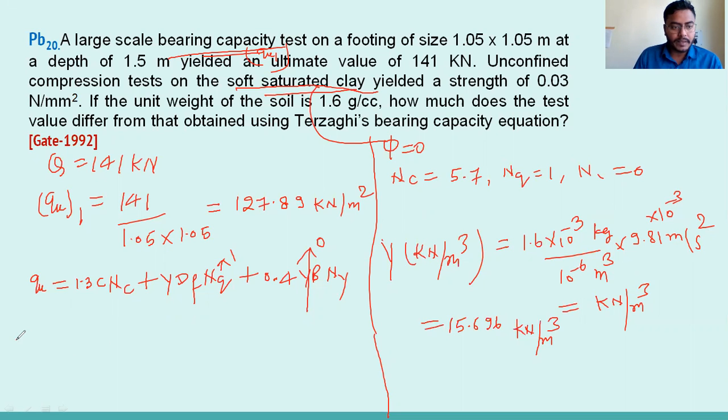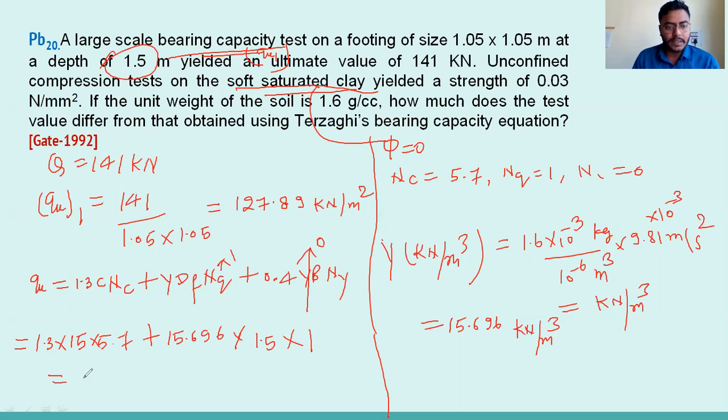So now we have C and this value. So 1.3 into 15 into NC, which is 5.7, plus gamma, that is 15.696, into DF. What is the depth of foundation? 1.5. In the question you can see it is given, and NQ is 1.